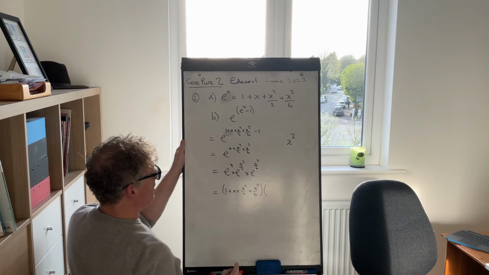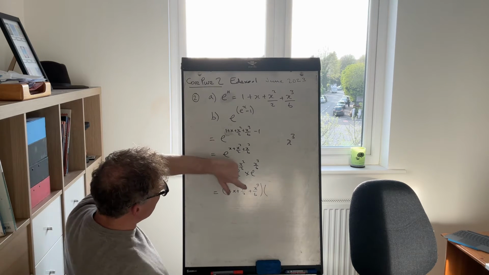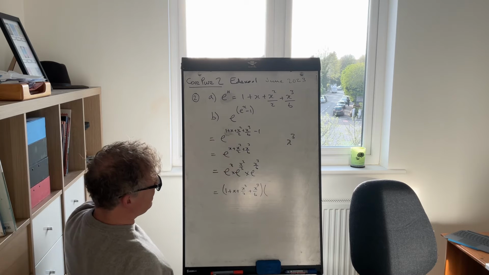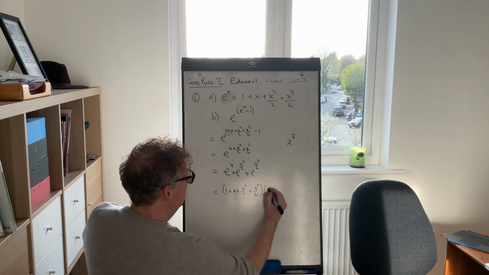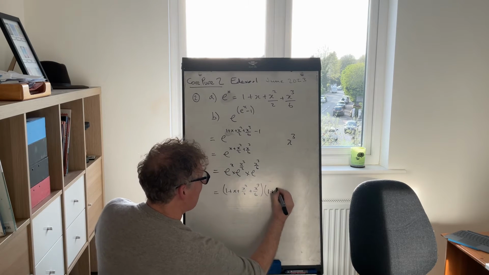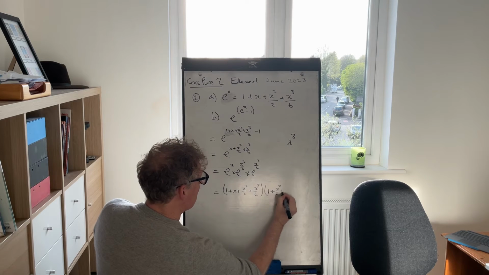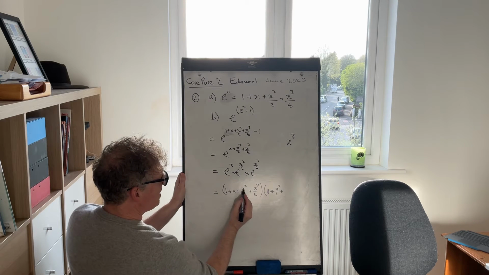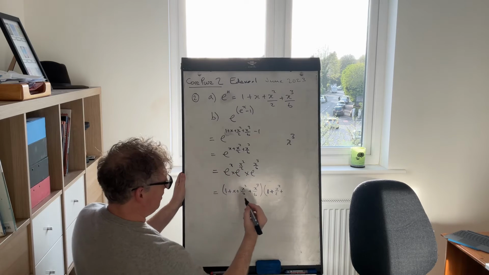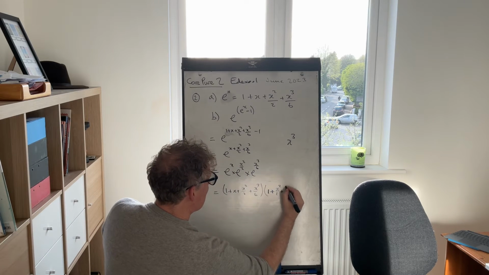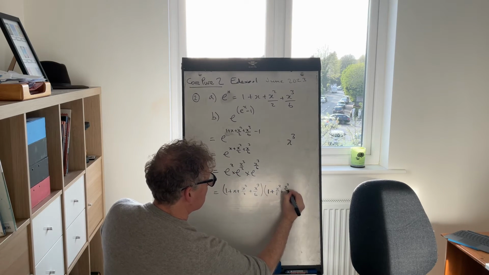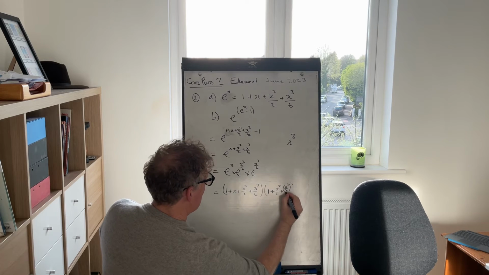Times e to the x squared over 2. Well, that's that same expansion, but with the x replaced with x squared over 2. So it's going to be 1 plus x squared over 2 plus, with the x replaced by x squared over 2, x squared over 2 squared over 2.